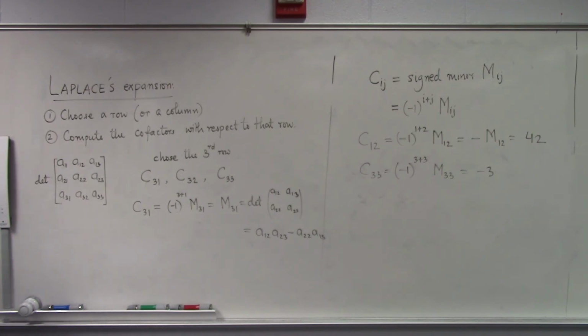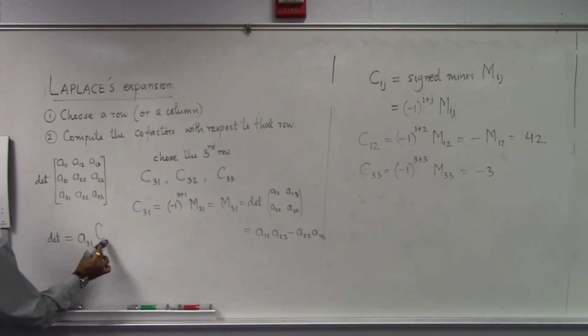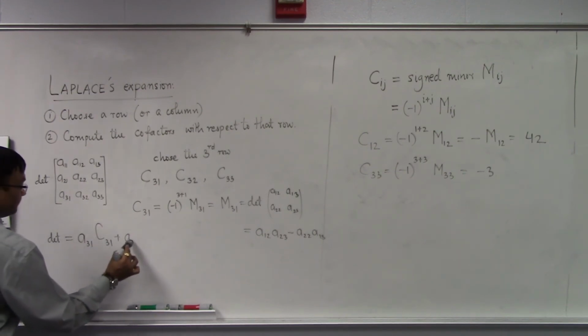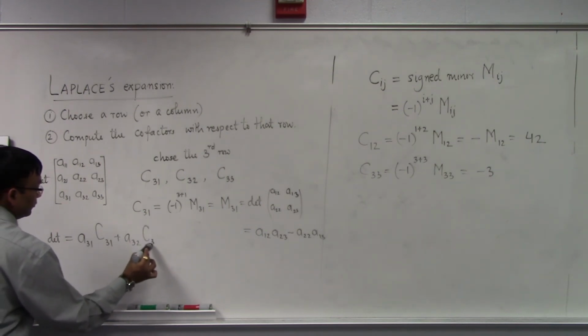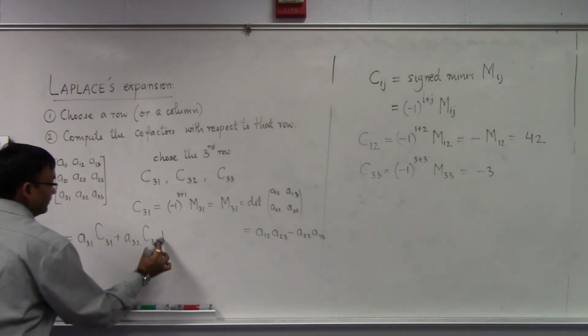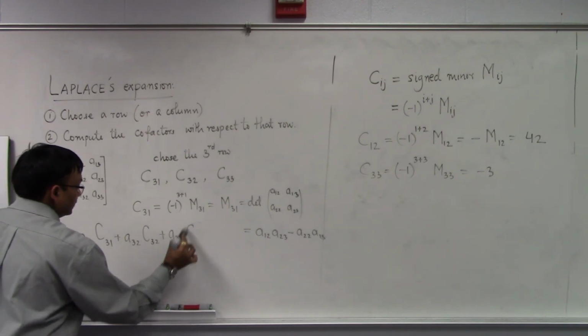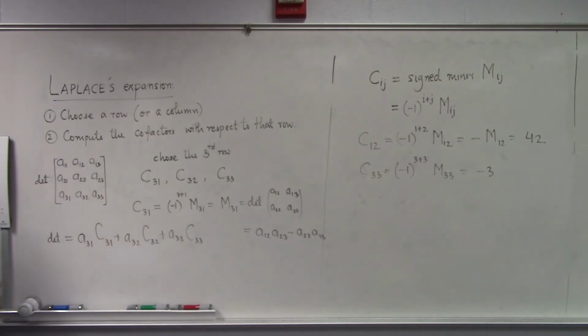Once you have all those things, then Laplace said the determinant of your matrix would be each entry of your row multiplied by its corresponding cofactor. So the determinant would be A31 times C31, plus A32 times C32, plus A33 times C33. The good part is you choose any row or any column.